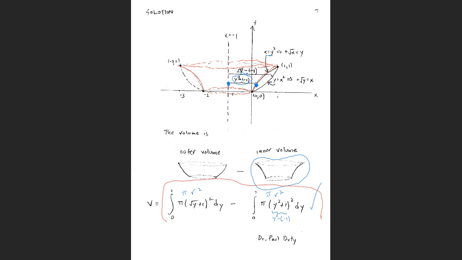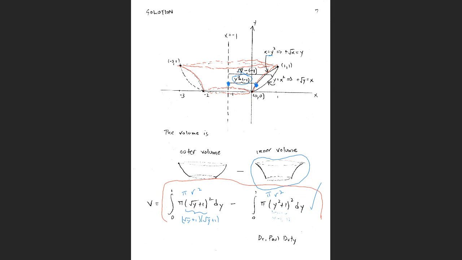Okay, well, naturally, root y plus 1 squared is root y plus 1 times root y plus 1. I'm going to have to FOIL that. And then the other part, the y squared plus 1 squared, let me just get myself a little space here. Hold on, it's easier to erase with the mouse for some reason.